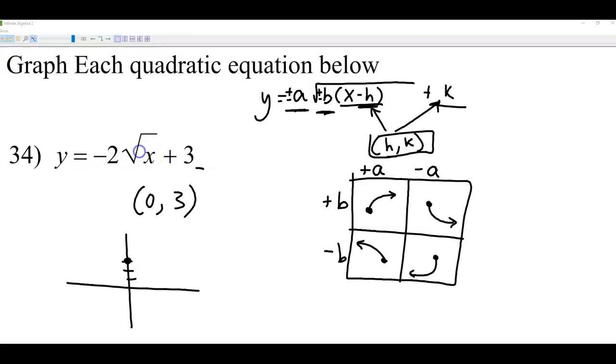The b value is the number in front of the x, which is a 1. And that's a positive. Then I look at the a value, which is the number in front of the square root. That's a negative. Since my a is positive and my b is negative, we're going to be using that shape. And there's my graph.